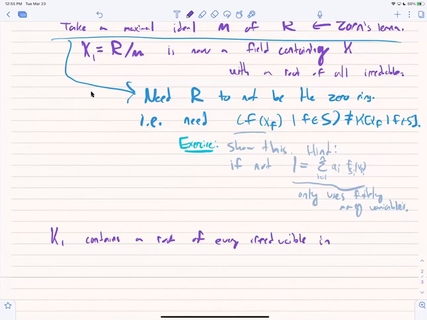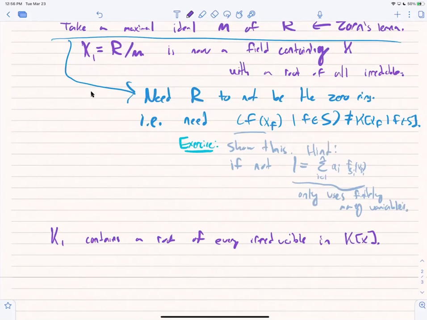in K[x]. Okay, there's no reason K1 has to be, and nothing I've said says that K1 is algebraically closed or that it's an algebraic closure. Nothing I've said says that K1 is even algebraic over K. K1 can be transcendental, so it could in principle be transcendental.